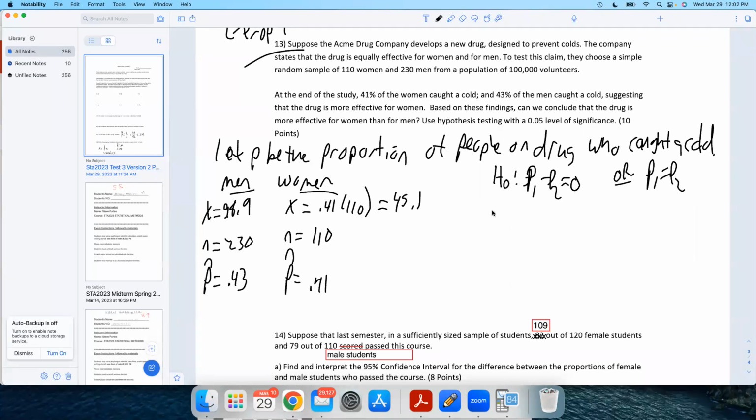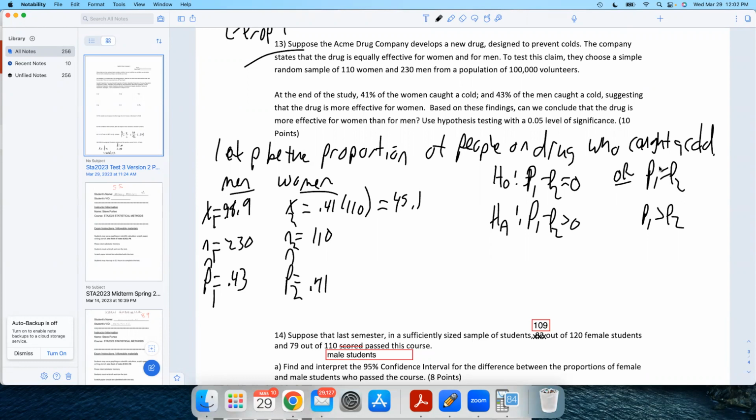And then the alternative, if you play your cards right, if you always choose group one to be the one with the bigger P hat, like I did here, then your alternative is always going to be the difference is positive. Or alternatively, P1 is greater than P2.